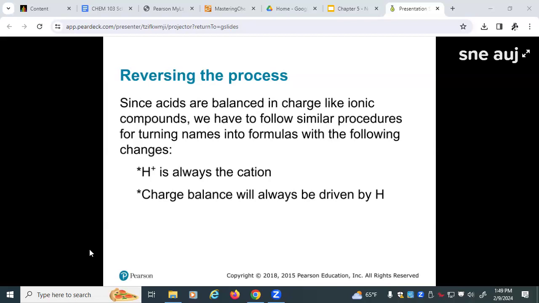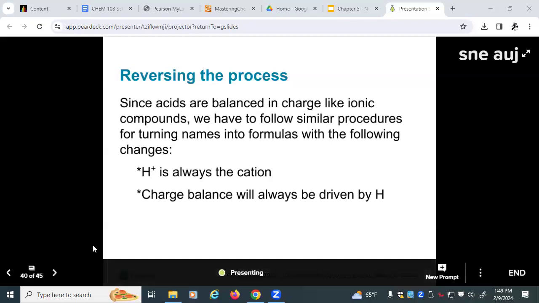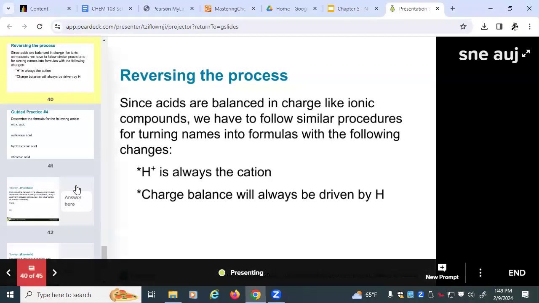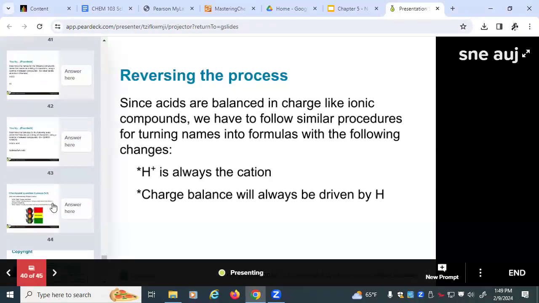So you're basically going to take the name and reverse the process, find the name of the substance, turn it back into an ion, add the appropriate number of hydrogens to compensate. But that's what you're going to end up doing overall.